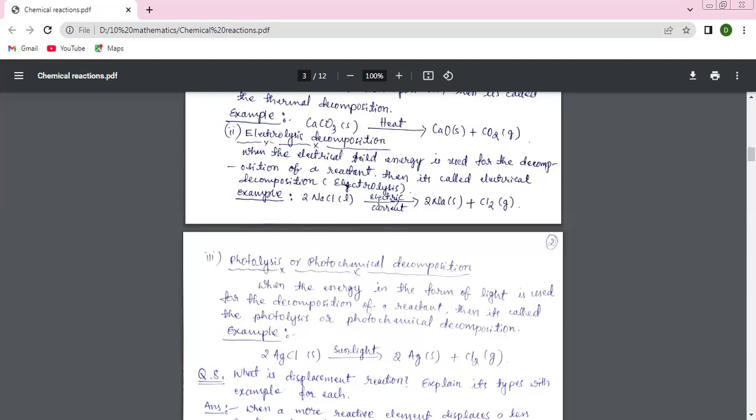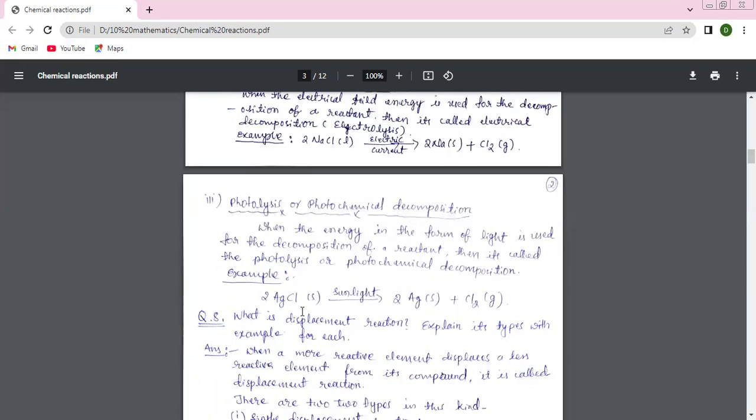When we pass electric current through this sodium chloride, sodium and chlorine are separated. So the decomposition of sodium chloride takes place in this way, and sodium and chlorine are formed separately. This is electrolytic decomposition.